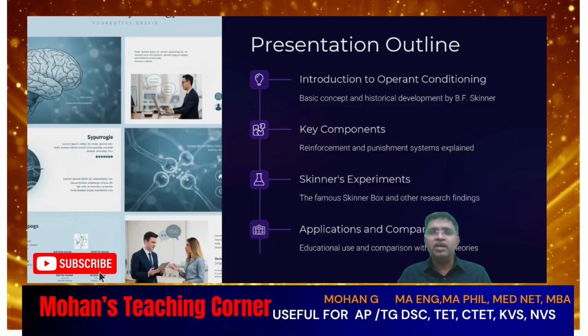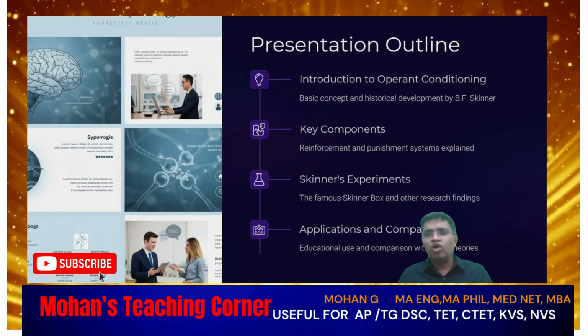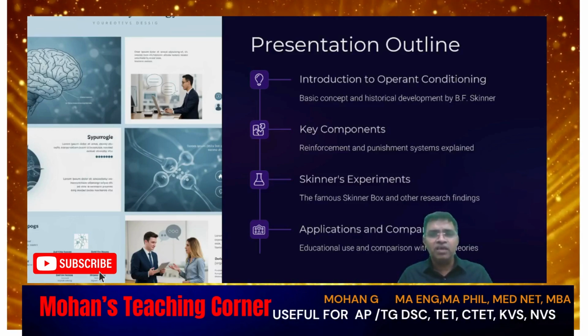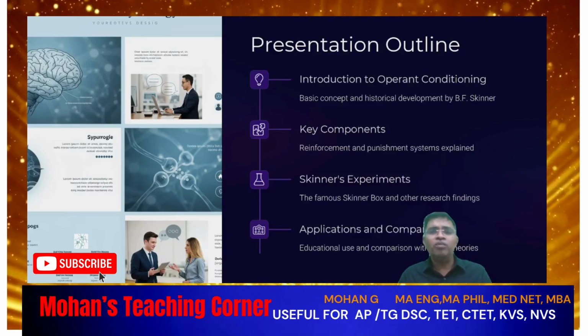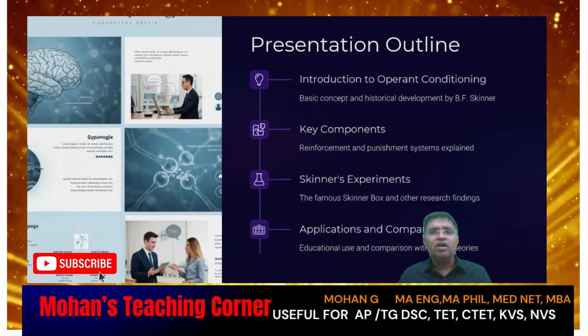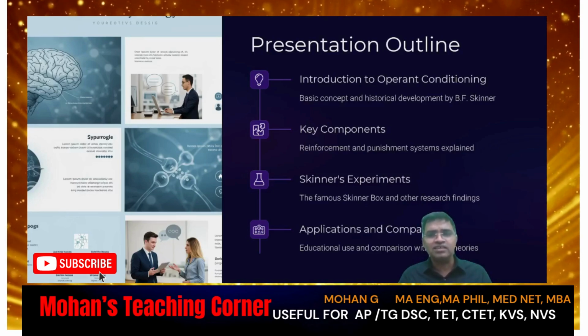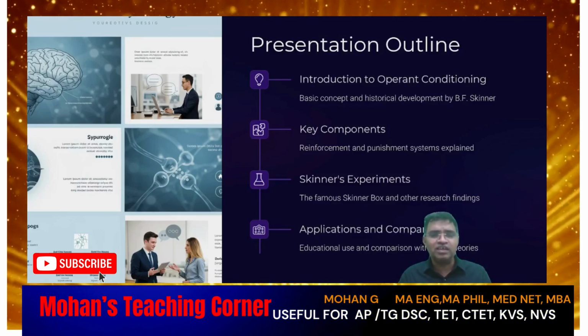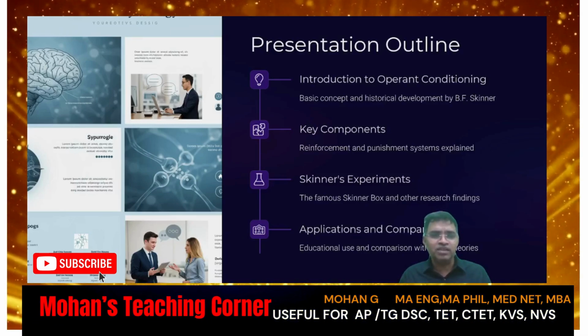Here we are going to study the introduction to operant conditioning, the concept given by B.F. Skinner, and the key components: what is reinforcement, what are punishment systems, etc. Then Skinner's experiment, what the Skinner box is and what items are in it.